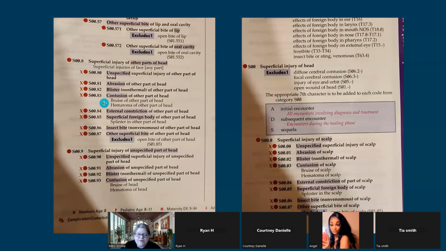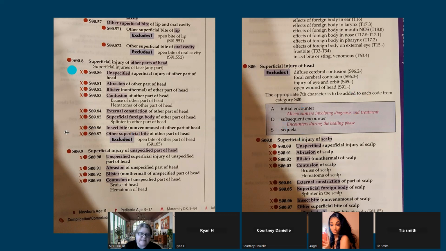It's going to be your code, that placeholder X, and then your A, to recognize that it's an initial encounter. Whenever you see those X's, I highly recommend you look to the beginning of that section to see if there's one of these encounter boxes, and it's not always an encounter, y'all. It could be anything that they need more specificity on.